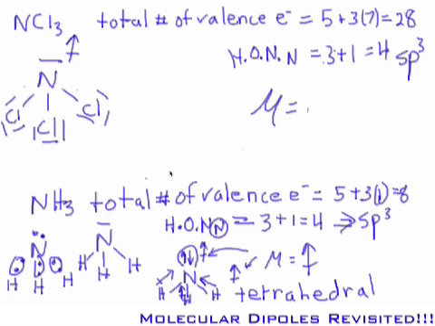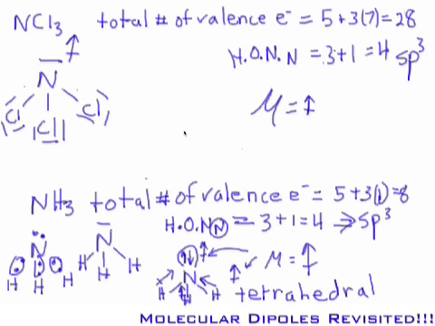Now let's compare this to what happened in NH3. NH3 had the same dipole due to the lone pair, but it also had a little boost to the dipole from the NH dipoles that pointed towards N. Because these pointed and added to a dipole that pointed in the same direction as the lone pair dipole, those two vectors add together, giving you a bigger dipole. So NCl3 has a small dipole due to the lone pair, which makes it bigger than BF3.